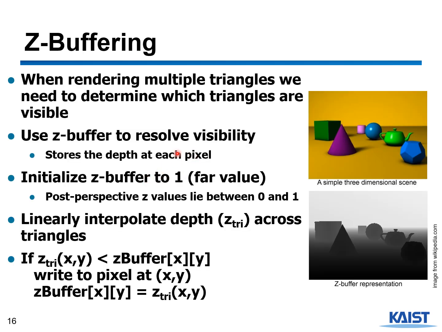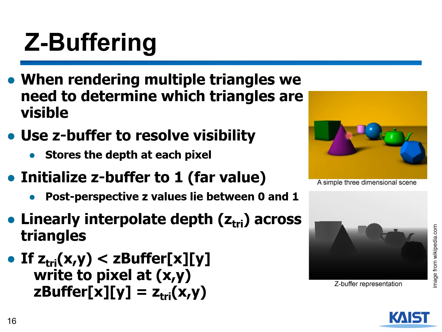Now, given a scene with many triangles and many different objects, we can rasterize, right? But we need to make sure that only the visible triangles are shown on the screen. For example, the dark green box is occluded by this cone, right?